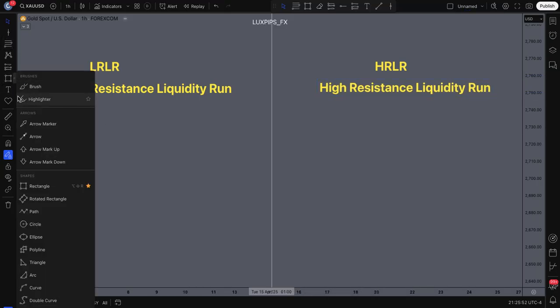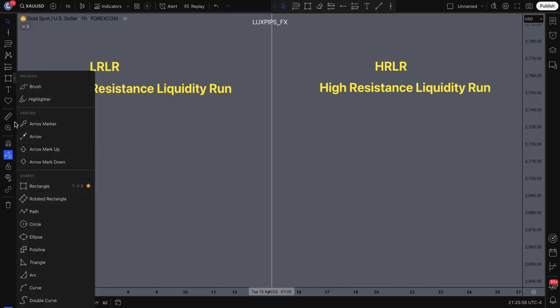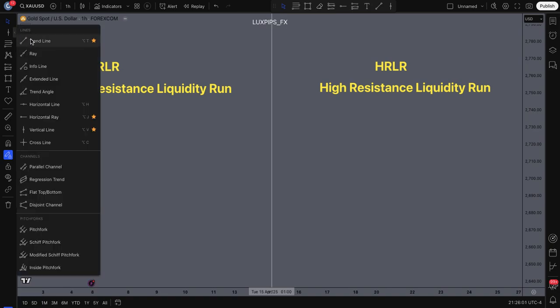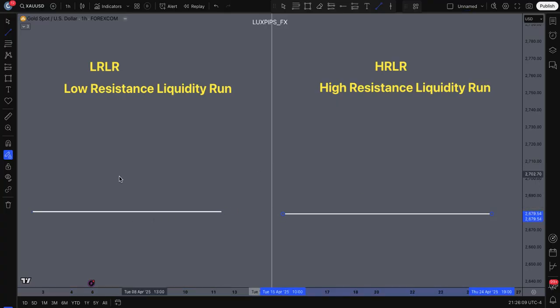Let's show you what it looks like on the chart. Well, as an illustration first. Where the heck are the trend lines at? Oh, right here. Let's have our baseline here. Let's say price has been coming down.